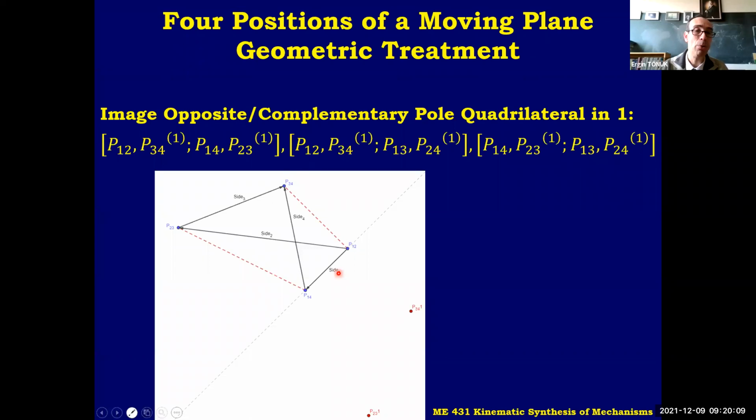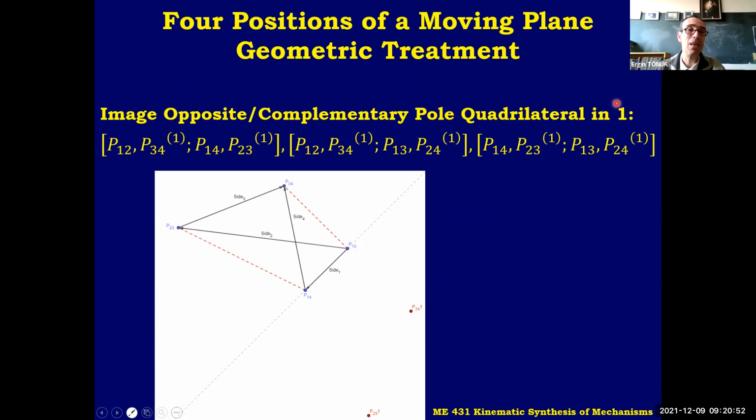We have the opposite or complementary pole quadrilateral and image opposite or complementary pole quadrilateral in any position. I selected 1. All my discussions will be based on position 1, but whatever I tell can be done on 2, 3, or 4, whichever is suitable for you. But also let me stress this out. Position number 1 is an arbitrary position. That is, you may call what I call 1 as 4 as well, okay?